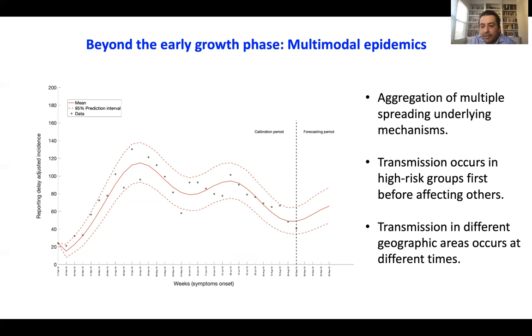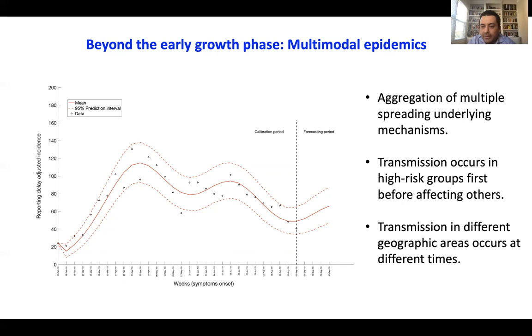These sub-epidemics are the result of different mechanisms. For instance, we can be thinking about transmission in particular risk groups such as MSM transmission that later spills over into the general population, into the heterosexual population, or transmission dynamics occurring in different spatial units within the same population.